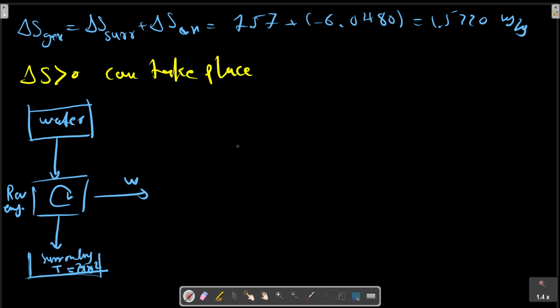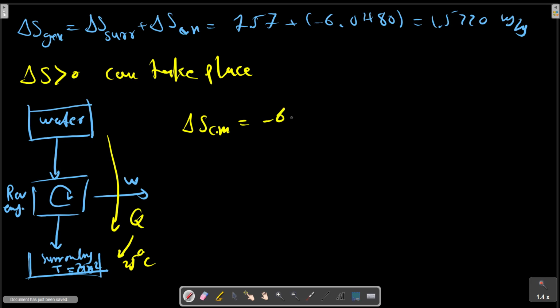In this case, delta S control mass is equal to the previous because the net Q goes to the surrounding at 25 degrees centigrade with the same change in the state. The increase of the entropy of water is equal to the increase in the entropy of surrounding because there is a Carnot cycle.